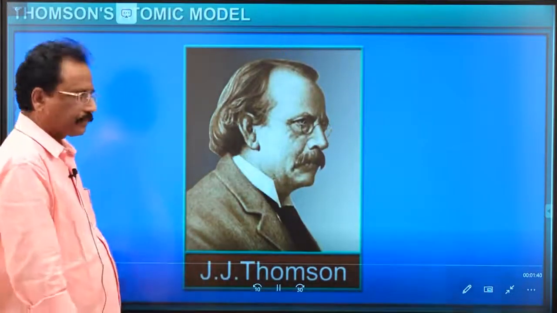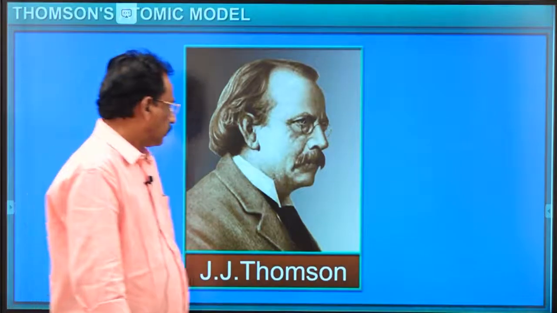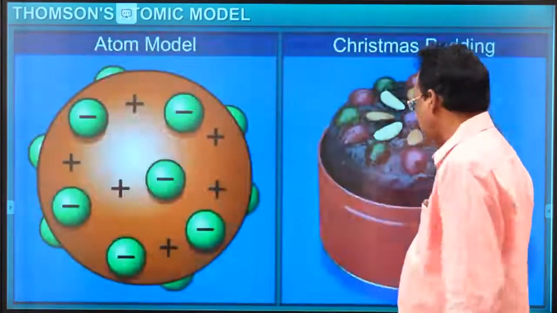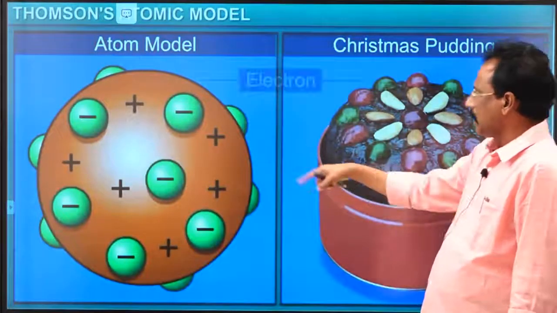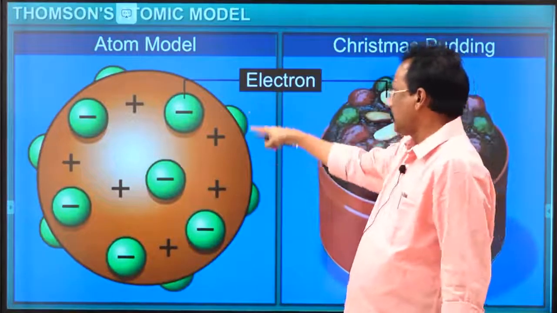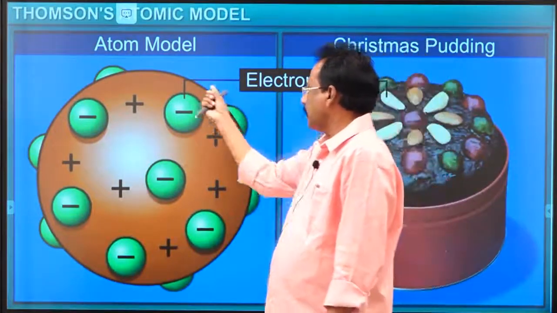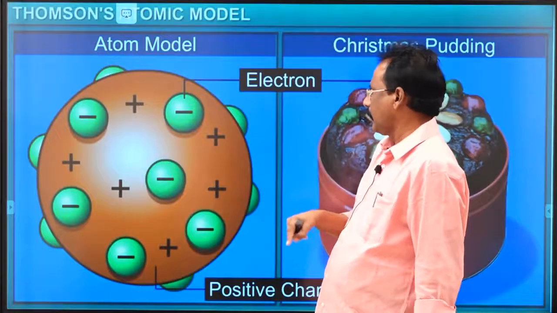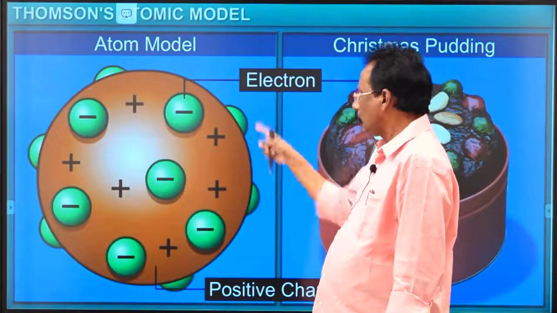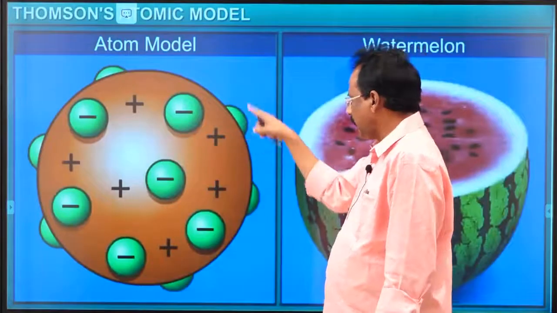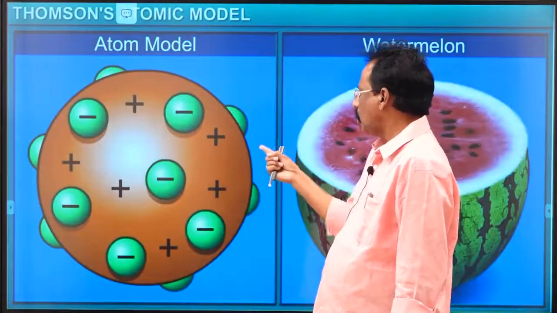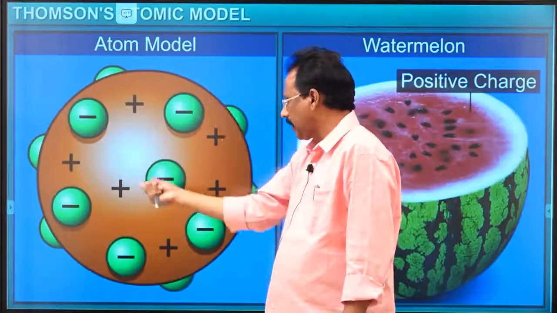See here. According to J.J. Thomson, this is the representation of the Thomson's atomic model. Atom is spherical in shape, in which positive charge is distributed uniformly throughout.